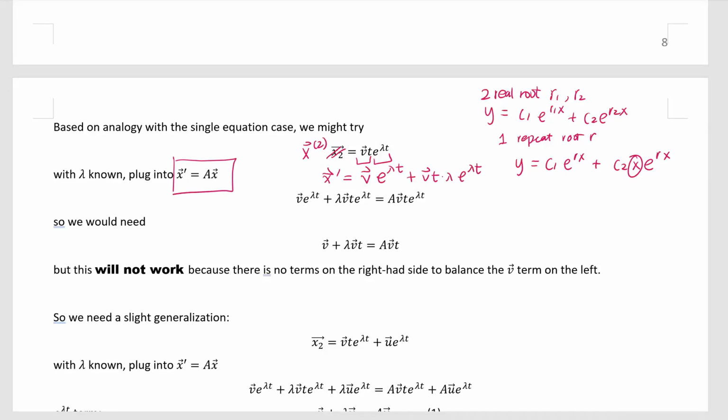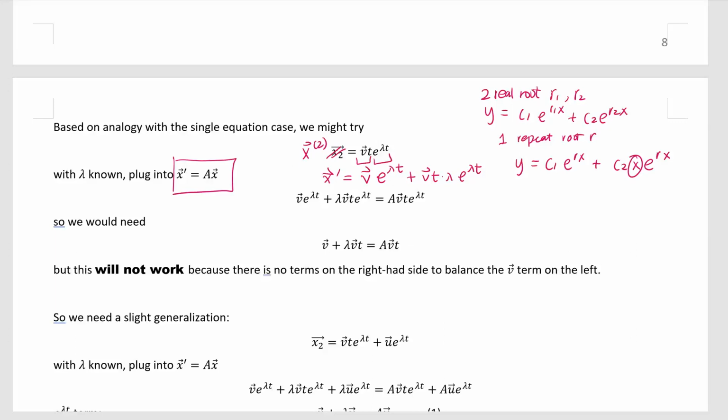So when you plug into the differential equation, this is your left hand side: v e to the lambda t plus lambda v t e to the lambda t. And your right hand side is A times x, where x is v t e to the lambda t. We can divide by e to the lambda t on both sides, since e to the lambda t is never 0.